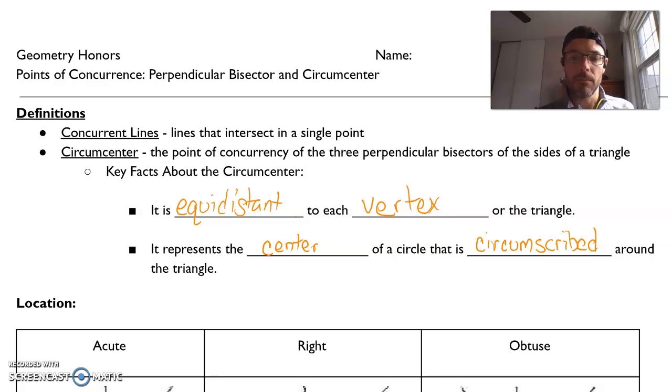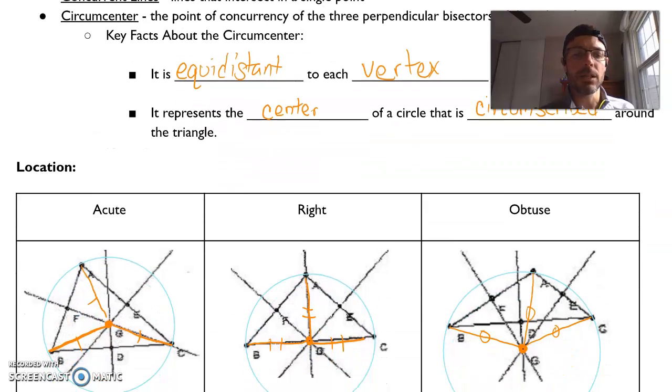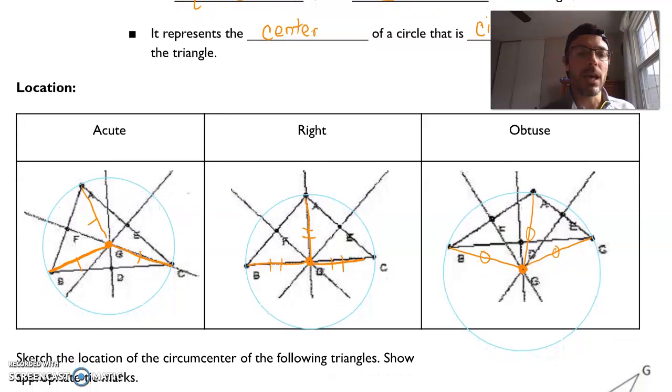What does that mean? If you look at our examples down here, I've started to sketch what that means. If G is the circumcenter for all of these triangles, in an acute triangle, it is located inside the interior of your triangle. In a right triangle, it is located at the midpoint of the hypotenuse. In an obtuse triangle, it's actually located outside, in the exterior of your triangle.